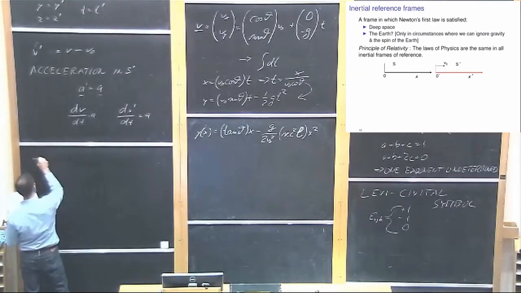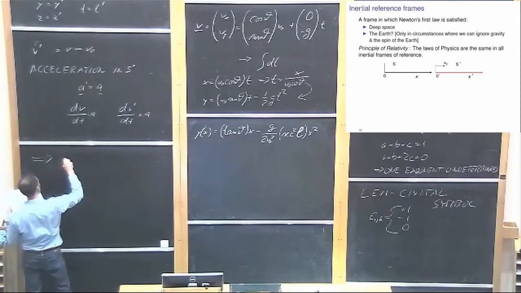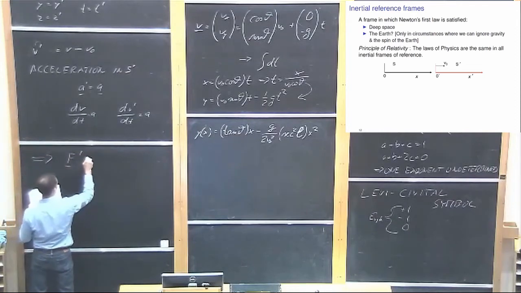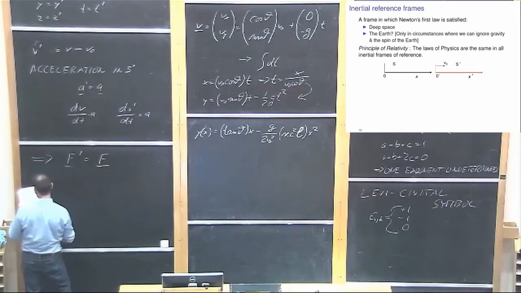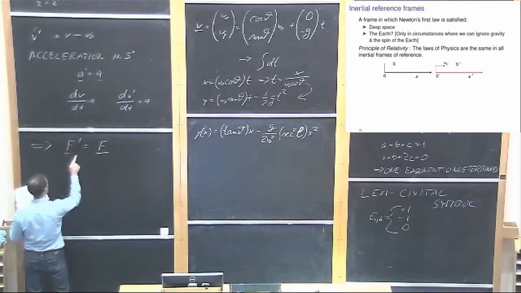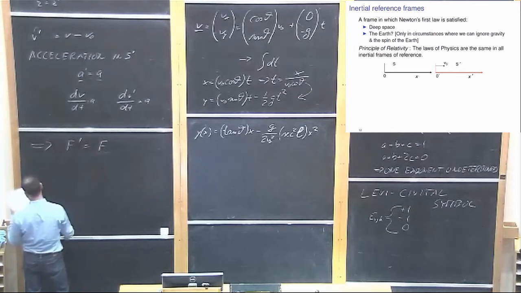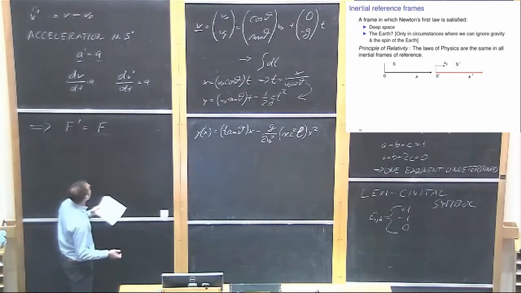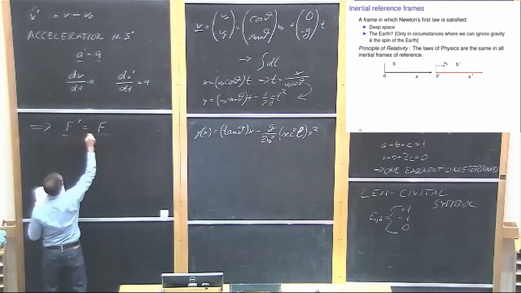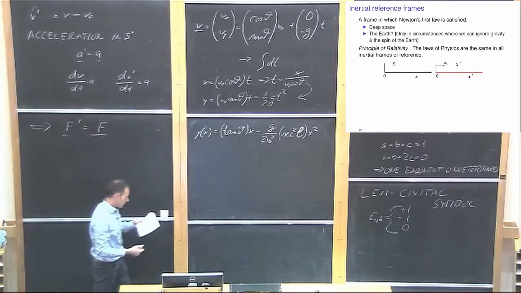And as a result, if you look at the forces, F prime, the force in the S prime frame, equals the force in S. It is consistent with the principle of relativity. Actually, it should be the vector.